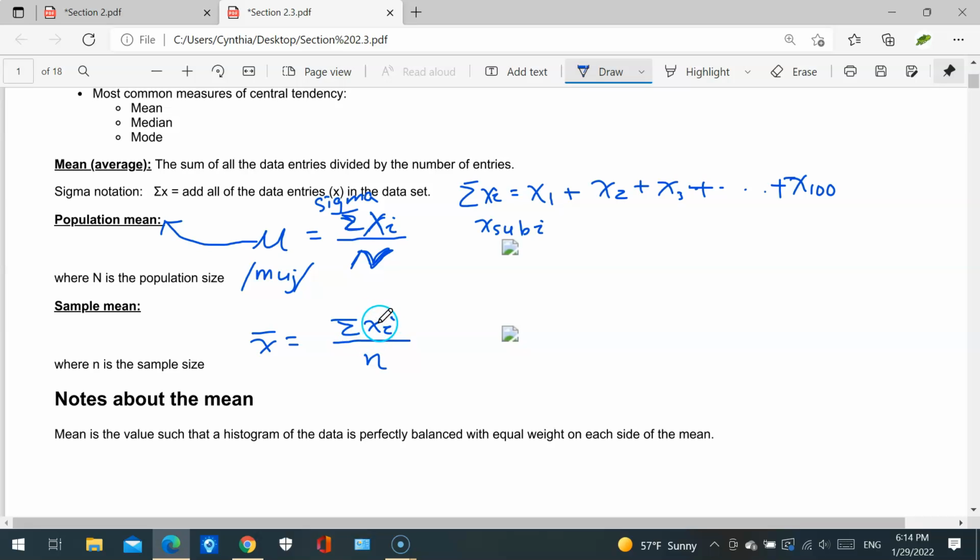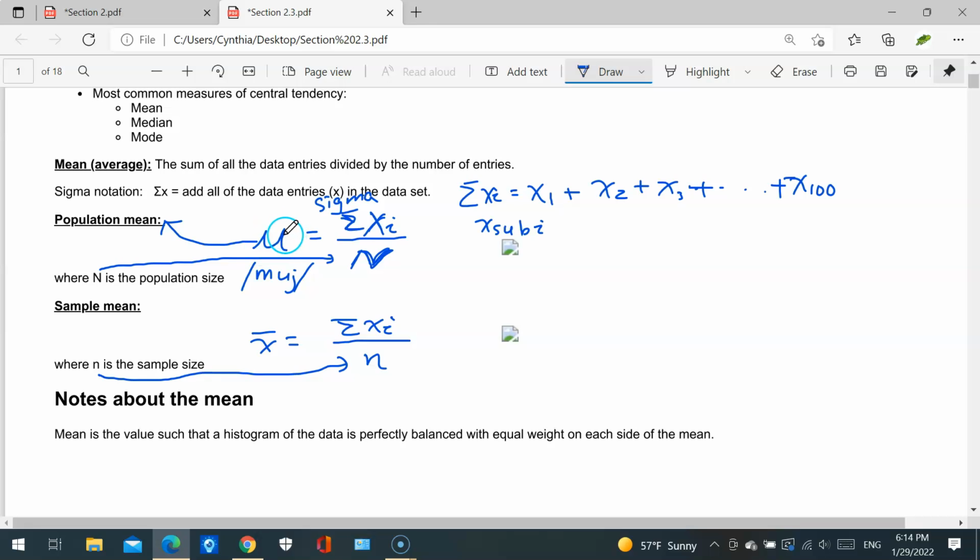You add all the sample data together, then you divide by little n. Little n is the sample size, and capital N is the population size.